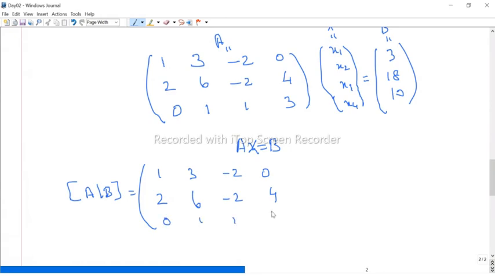This is A. Now we have to merge this B, that is 3 18 10. The last column we have to merge.